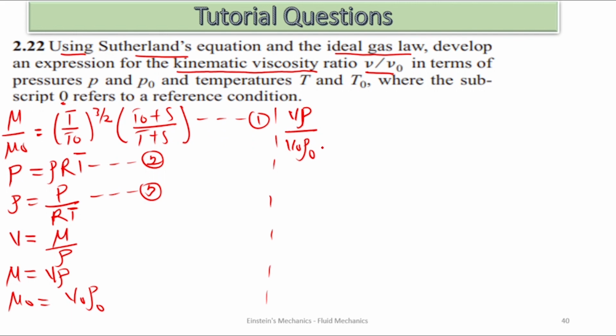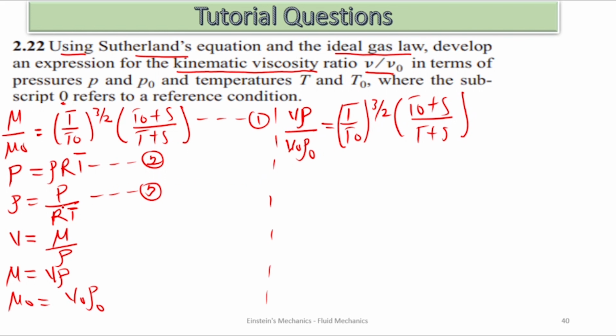Note that these given values will always represent the initial conditions. Are we good? Equal to everything in the Sutherland's equation: T on T naught to the 3 on 2, times T naught plus S on T plus S.